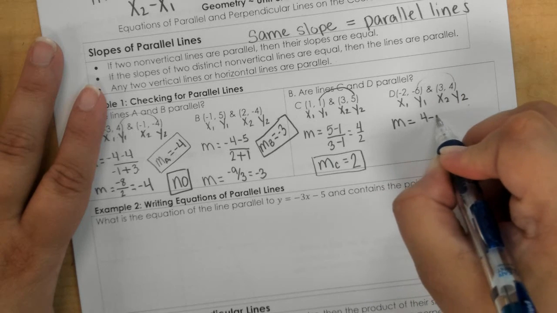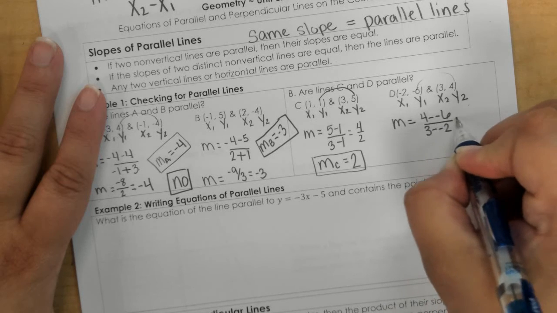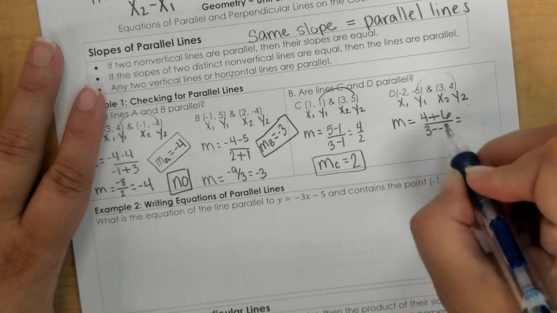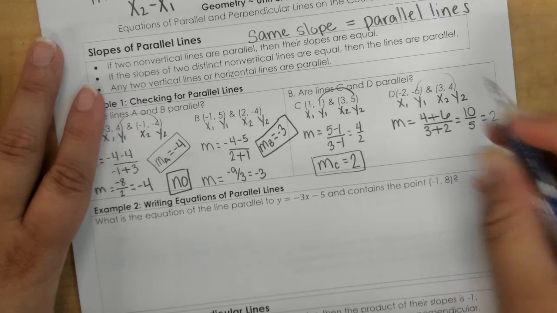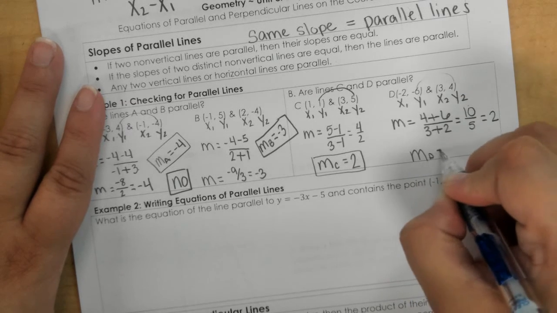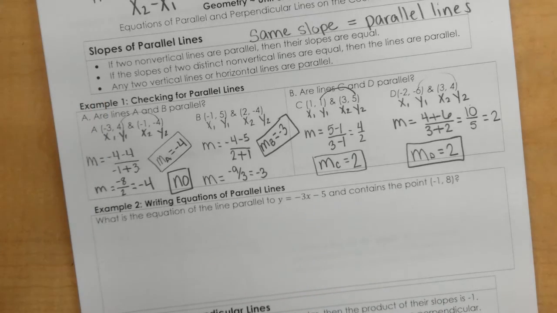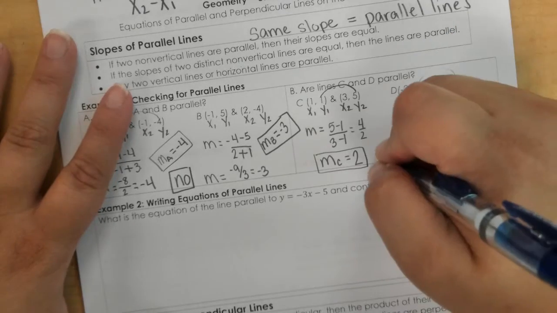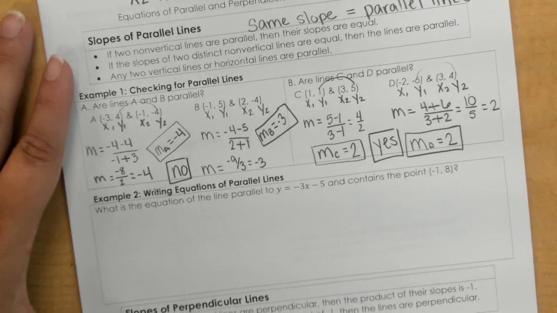So 4 minus a -6 and 3 minus a -2. So I'm going to add, and that equals 2 as well. So the slope of line D is 2. So are the lines parallel? Yes, they are parallel because they have the same slope.